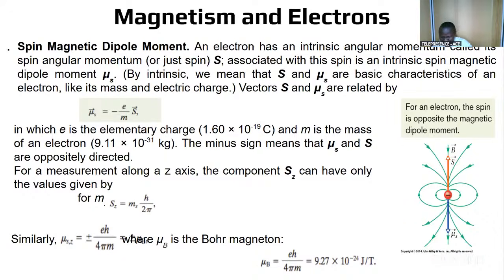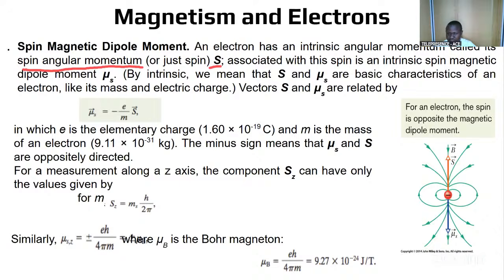It also has another inbuilt characteristic known as spin angular momentum, denoted as S, and is a vector quantity.